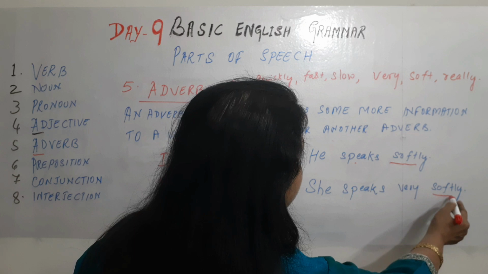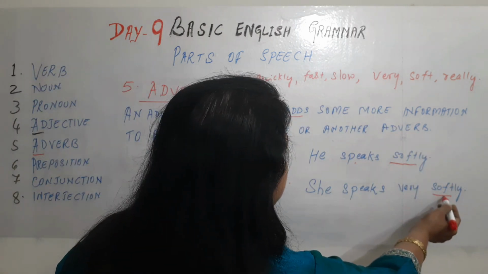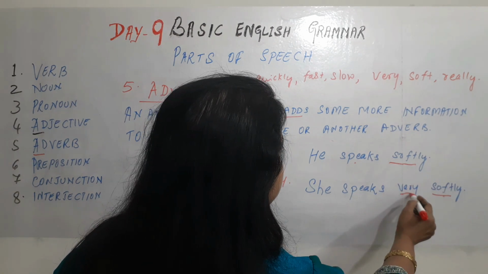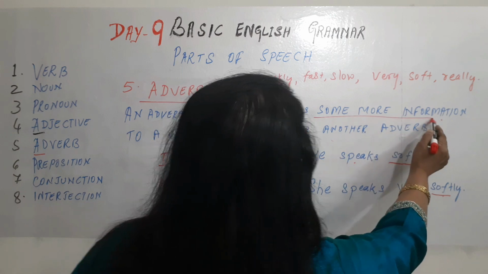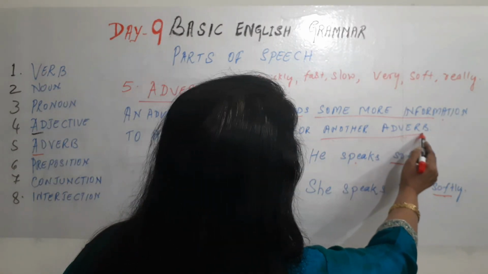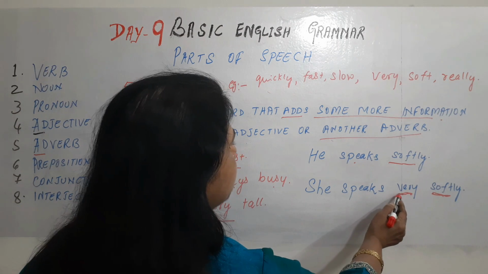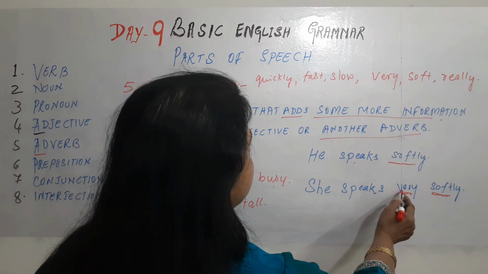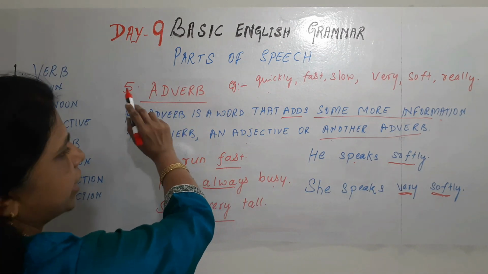Here already softly is an adverb, and for the adverb, giving some more information, very. Giving some more information to another adverb. So this is already an adverb. Giving some more information to the adverb, that is very. So here very is also an adverb.